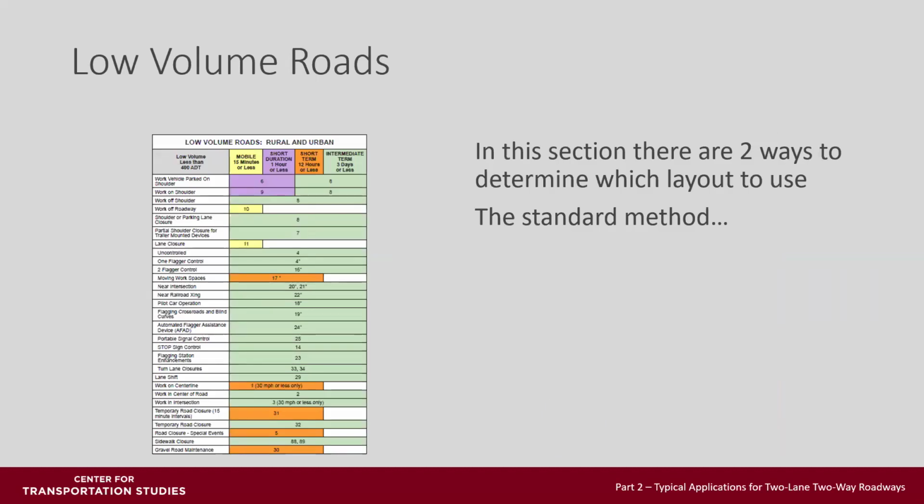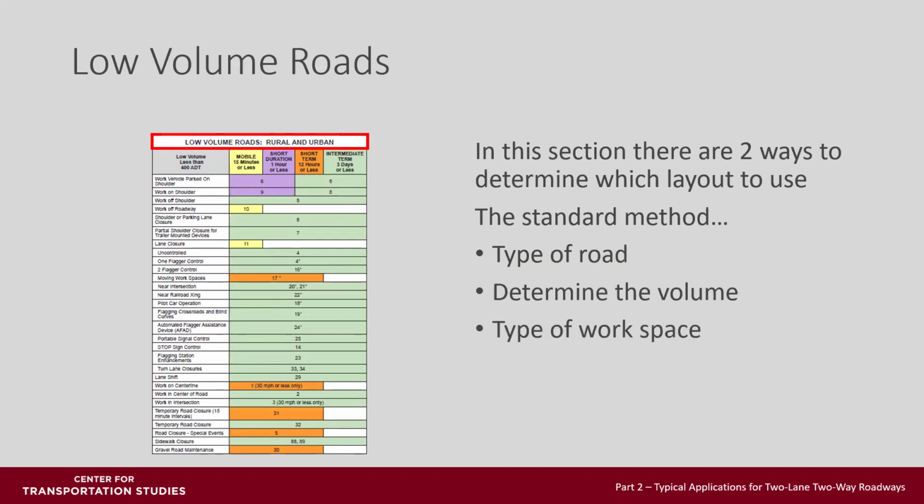In the low volume section, there are 2 ways to determine which layout you use in the indexes. As I mentioned, the first is the type of roadway. Determining the volume, and in this section is low volume roads, which is defined as less than 400 vehicles per day.